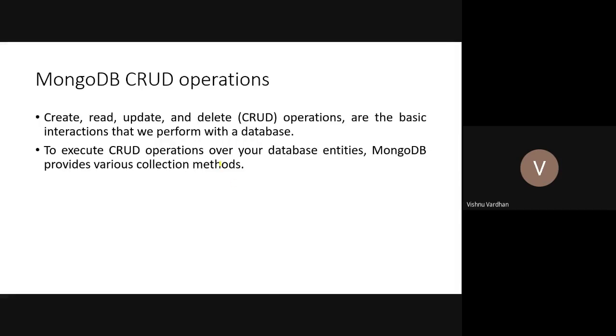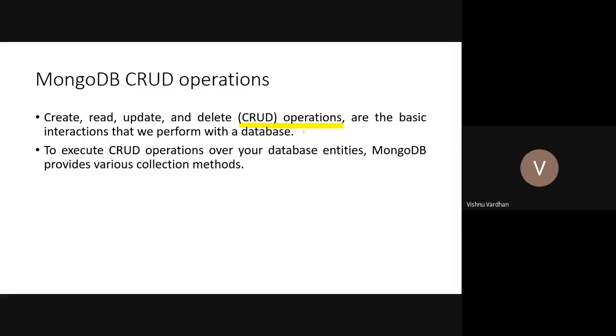MongoDB CRUD operations, the create, read, update, and delete operations, are the basic interactions that we perform with the database. If you take any database, normally these are the operations that you want to have as part of database management. Sometimes you may be writing data into the database, then updating the data, sometimes deleting the data.